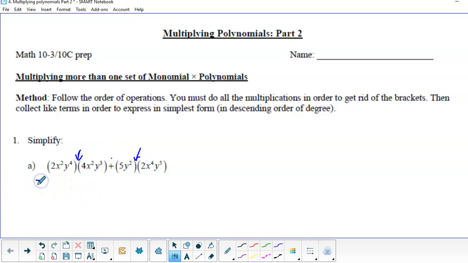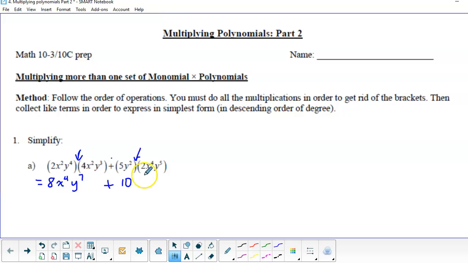So remember from yesterday, multiplying the coefficients, so 2 times 4 is 8. X squared times x squared is x to the 4th. Y to the 4th times y cubed is y to the 7th. Okay, then plus 5 times 2 is 10.